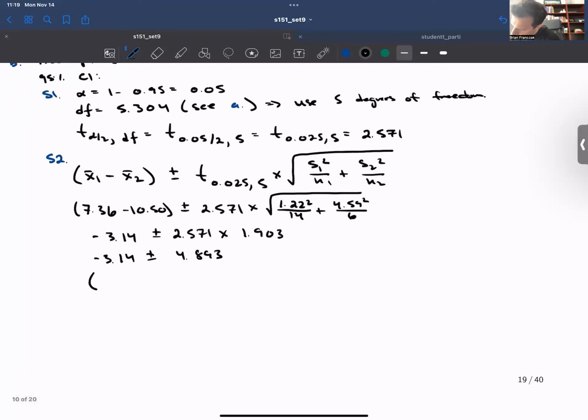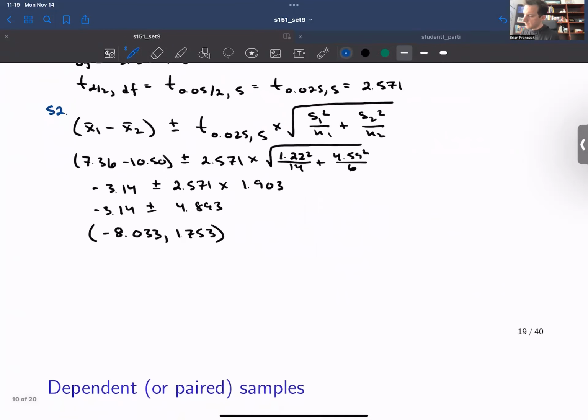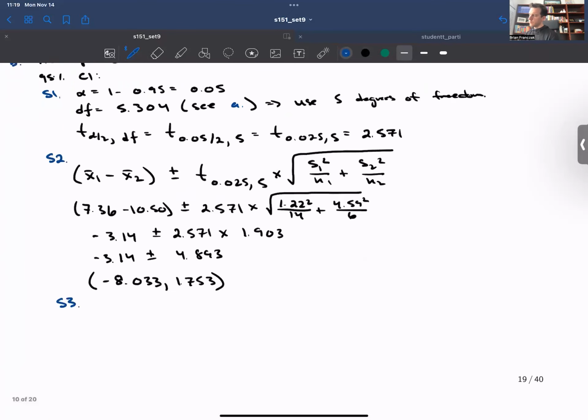Okay, and then we add and subtract this. We have negative 8.033 to 1.753. Right. And then all we have left to do is conclude.